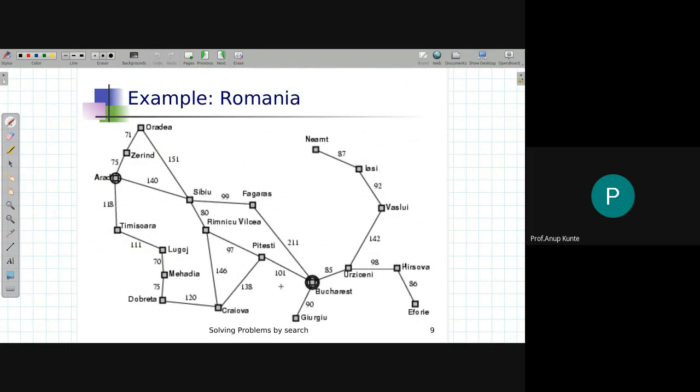But if I allow looping, that is going from Arad to Zerind and coming back to Arad, then what would be the depth of my tree? I can have a tree of infinite depth. My tree can be however deep.